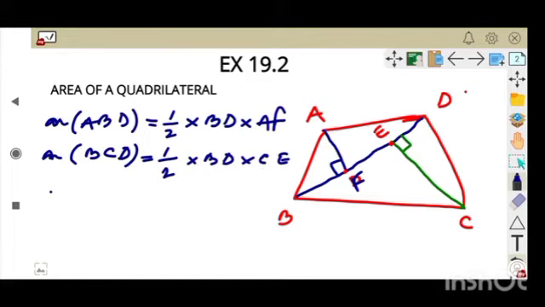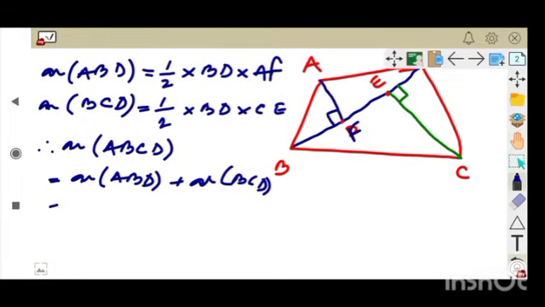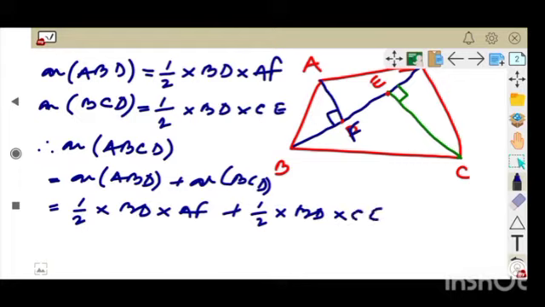Therefore, the area of quadrilateral ABCD equals the area of triangle ABD plus the area of triangle BCD. The area of ABD means half into BD into AF, plus the area of triangle BCD, which is 1 by 2 into BD into CE.